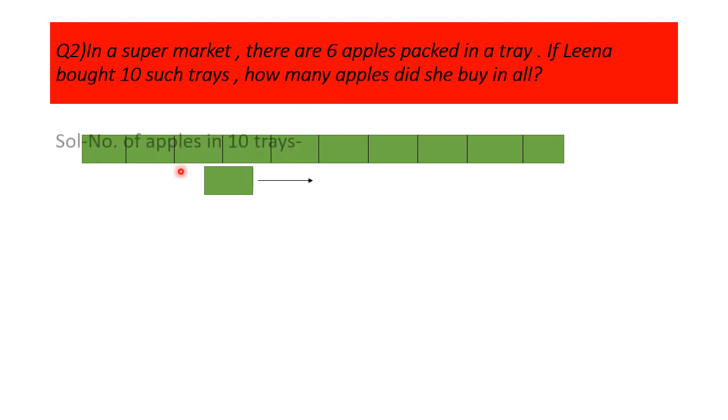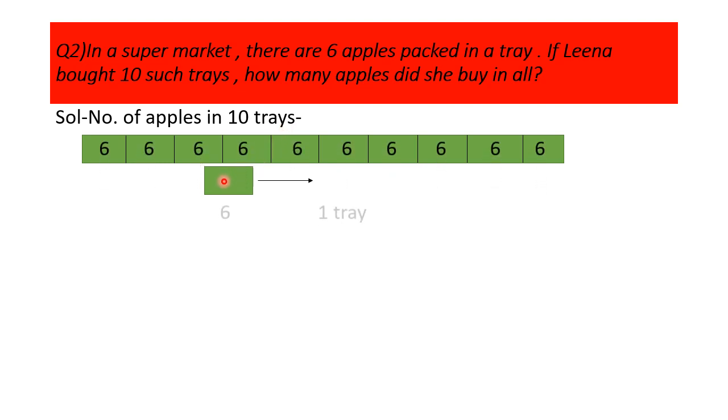So let's get started. The number of apples in 10 trays: if there are 6 apples in one tray, how many will be there in 10 trays? Suppose this is one tray and we need to find how many apples are there in 10 trays. So I have taken 10 trays over here.